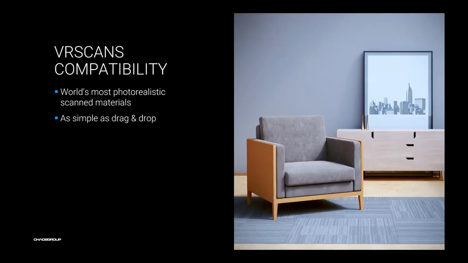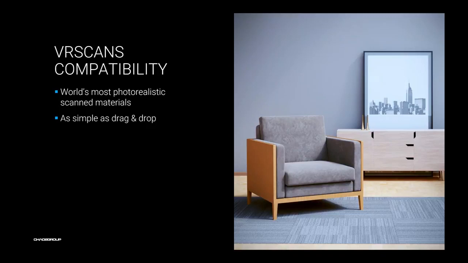Starting in version 3.6, V-Ray for Revit is compatible with VRScans materials as well. These are our ready-to-use photorealistic scanned materials. We use a scanning technology to scan real-world materials. How it works? An existing object is being photographed from hundreds of angles and directions. The scanner captures the texture information, dimensions, and the most important thing, the unique way how the material reacts to light.